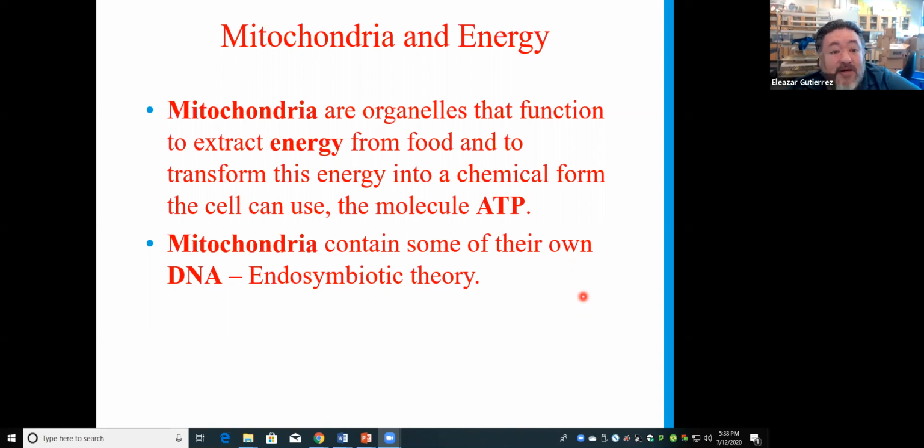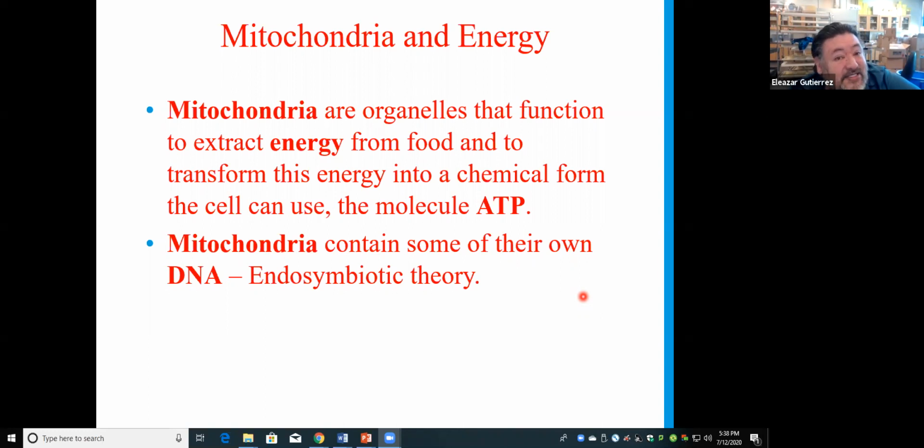Now, don't get me wrong, the mitochondria cannot live on their own anymore. And the reason for this is because during the symbiosis of evolution, a lot of the mitochondrial DNA has migrated to the nucleus of the eukaryotic cell. So the mitochondria now no longer has all the genes it needs to function independently of the cell.